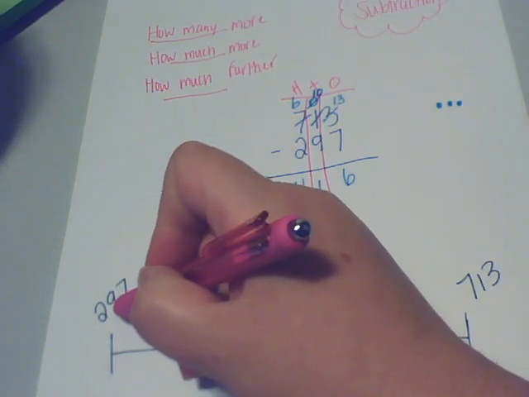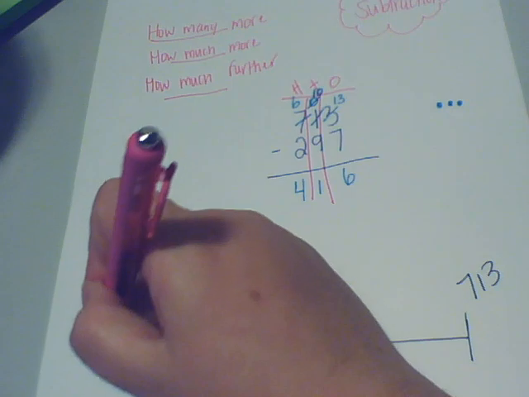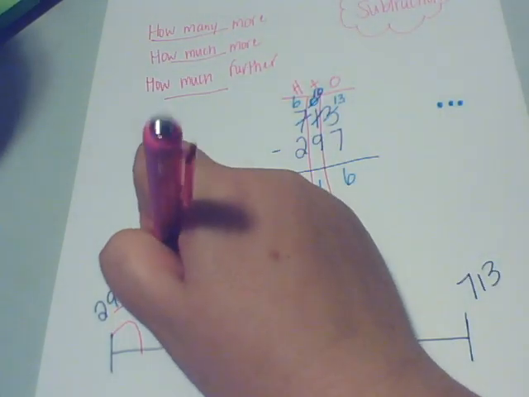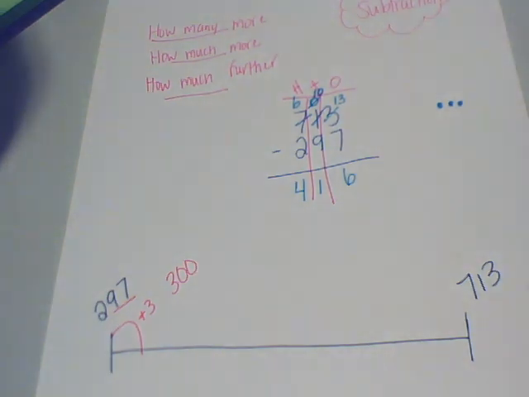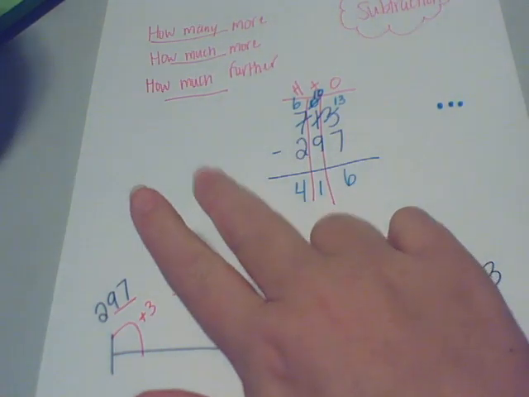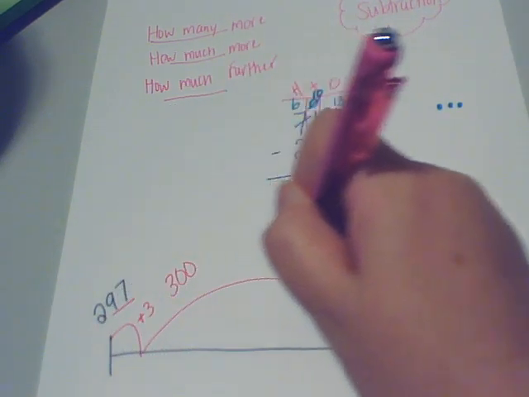So how many more would it take from 297 to get to 300, to get to my next whole number? 297, 298, 299, 300. I would only have to add 3 and I would get to 300. Well, how much does it take to get from 300 to 700? 300, 400, 500, 600, 700. It's going to take 400.